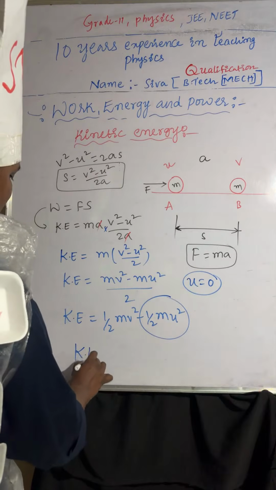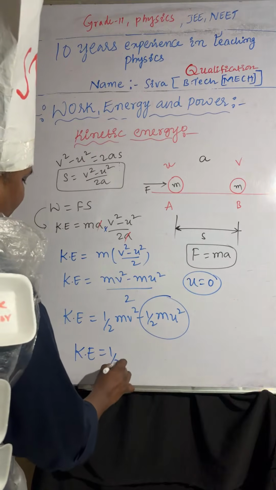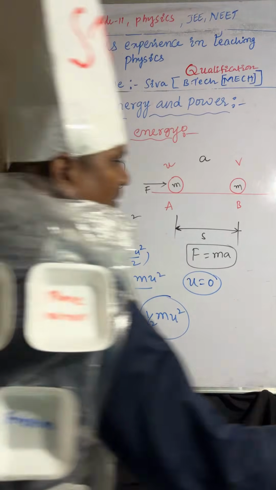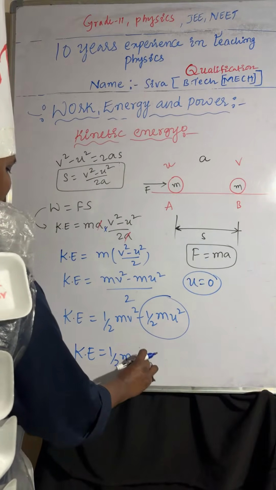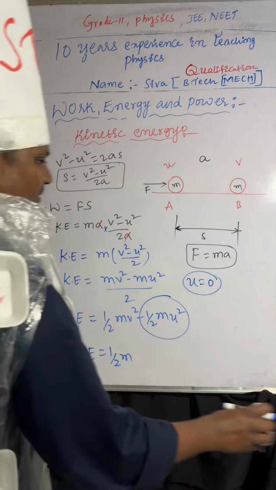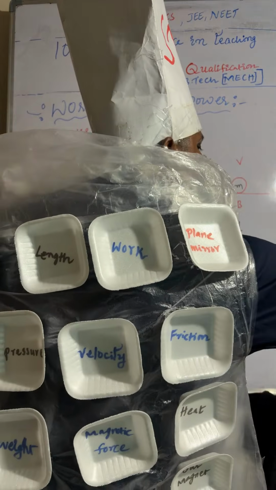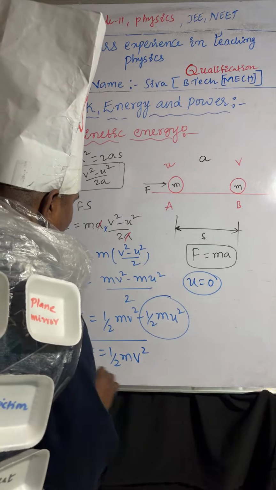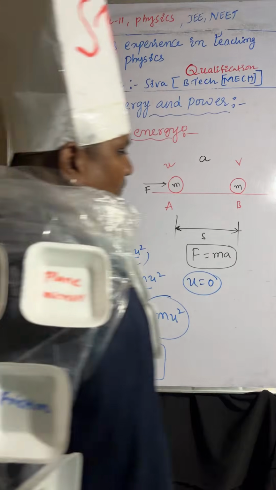Then K equals half mv square. Understood? So that is the kinetic energy formula. K equals half mv square.